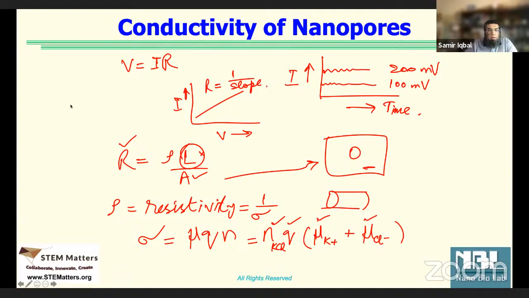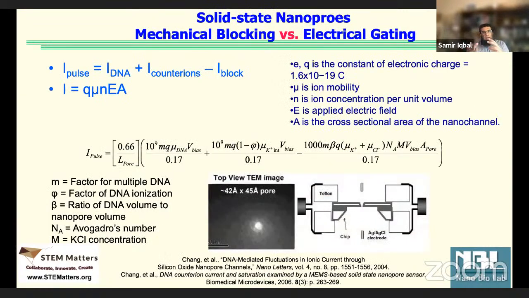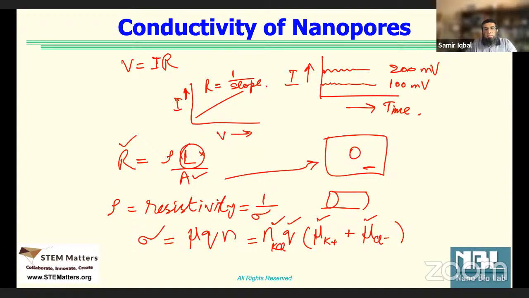So we use 1 over gamma, 1 over conductivity, is equal to resistivity. Here the resistivity can be taken in terms of fundamental charge transfer from solid state devices, which is mu Qn. So the idea is that if you think hard, you can understand all the features going on, break them down into simple physical terms, and understand what's happening.